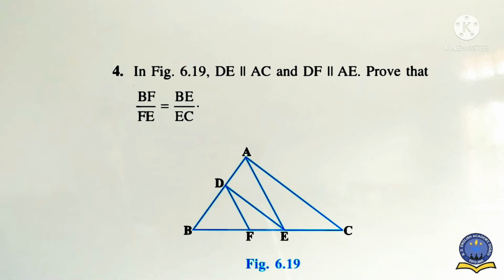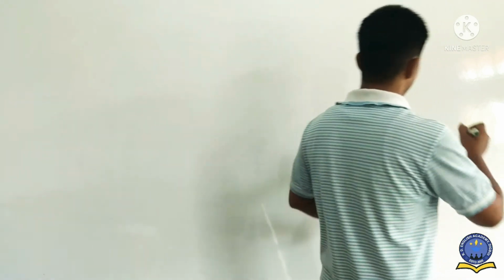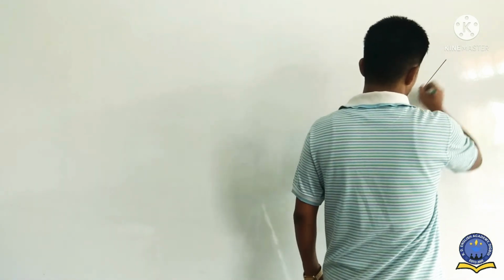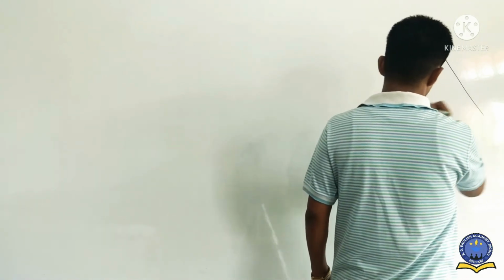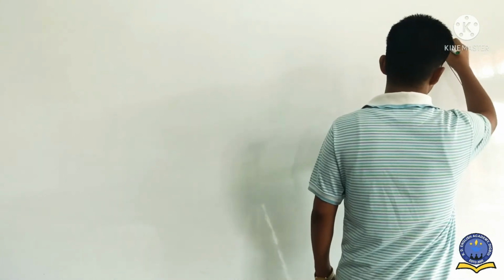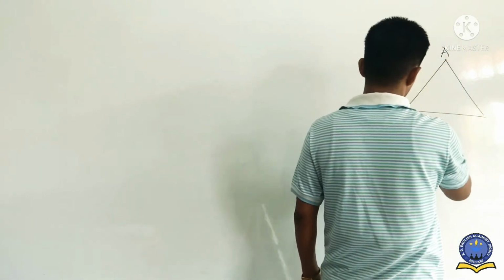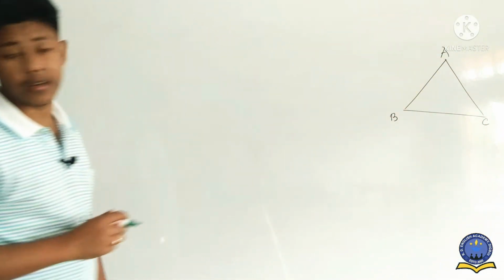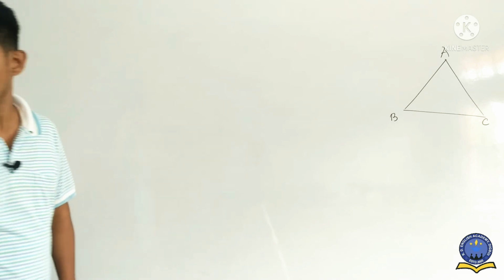Before this, let's start here. If you see the diagram, this one is A, B, and here it is C. This is the diagram ABC, isn't it? And now two lines are drawn.